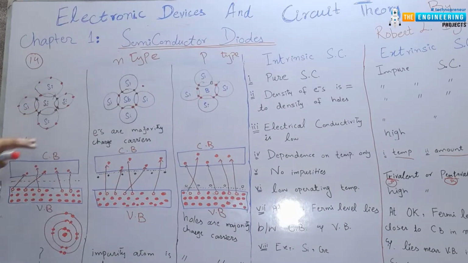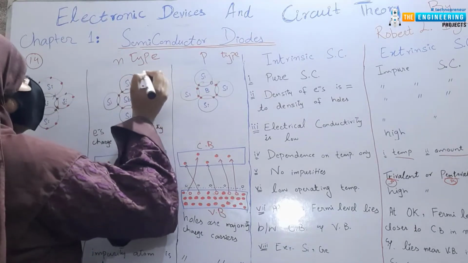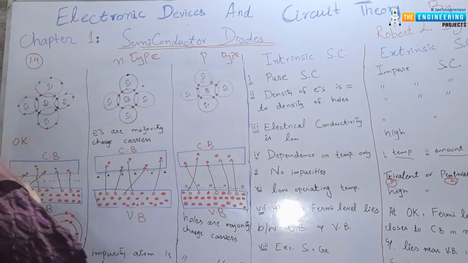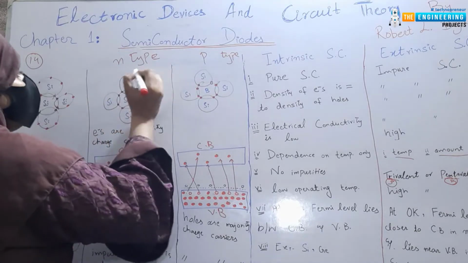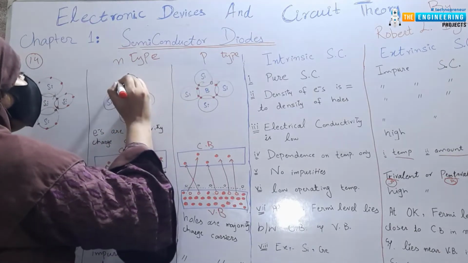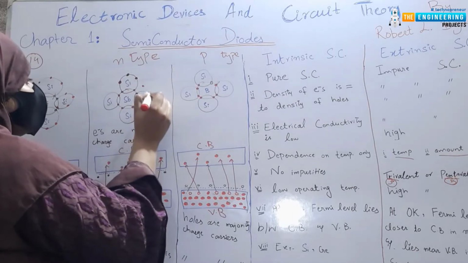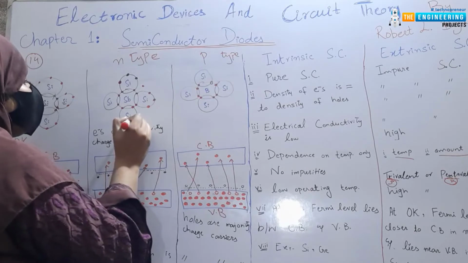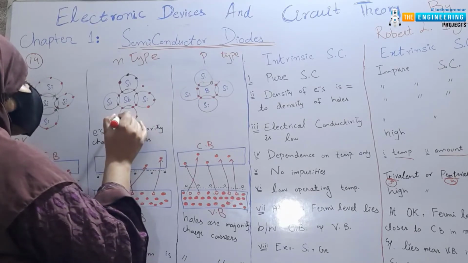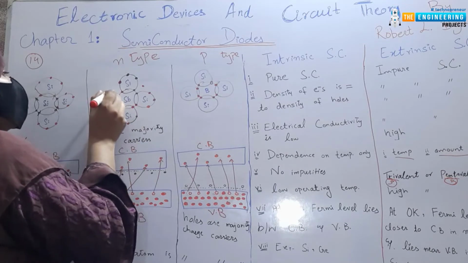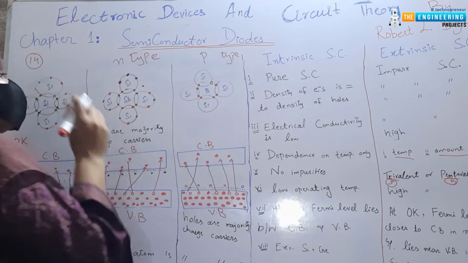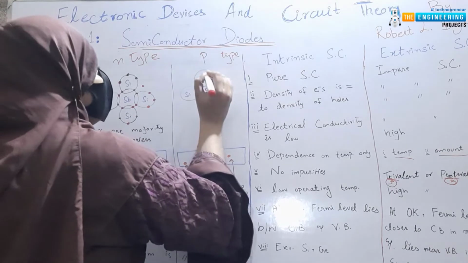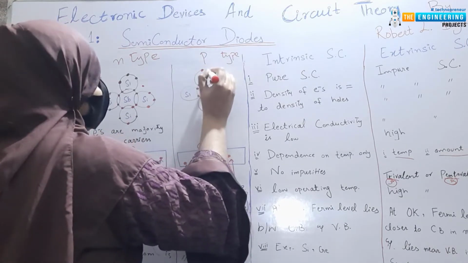So this is the diagram for the intrinsic semiconductor. For the extrinsic semiconductor, we say that the extrinsic semiconductors are those semiconductors for which impurity is added, and the impurity can be trivalent or pentavalent. Trivalent means the impurity which has 3 electrons in its outermost shell, but the impurity which has 5 valence electrons will be called pentavalent impurity.